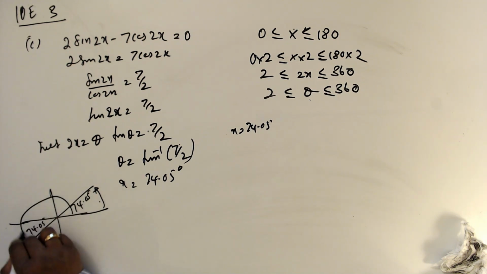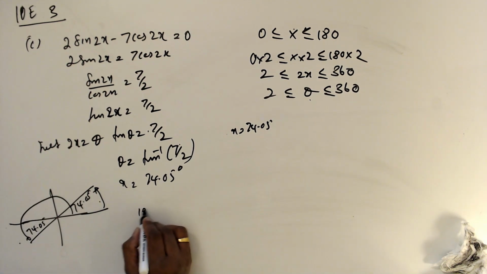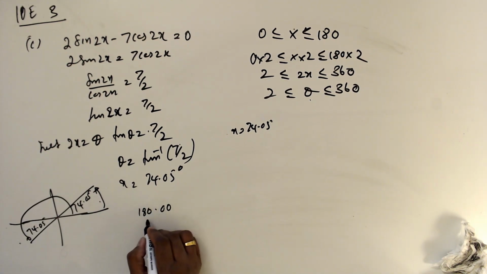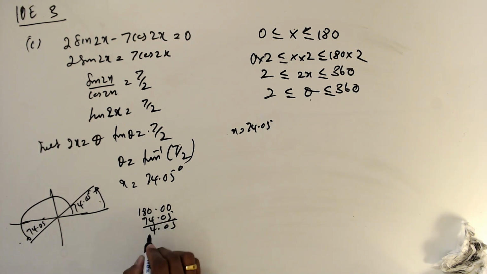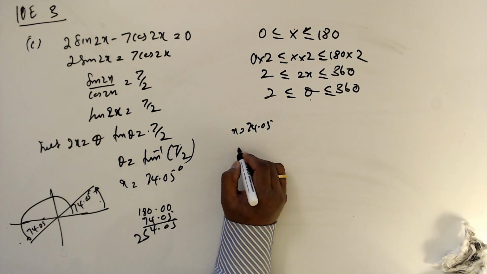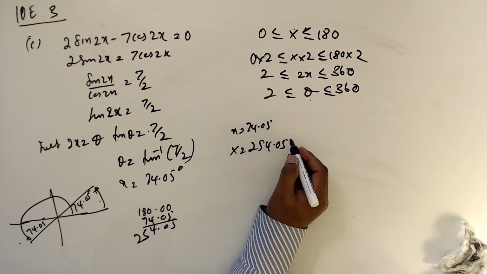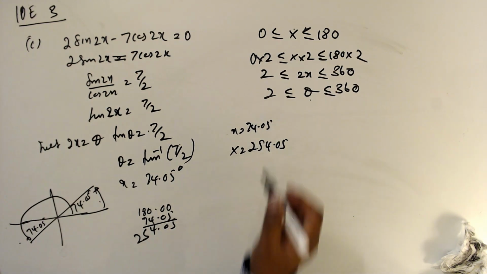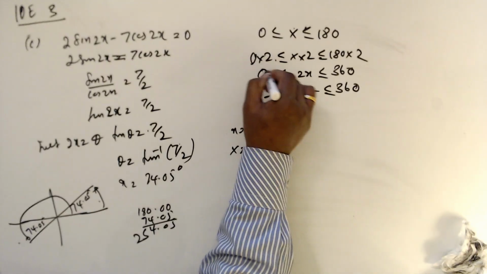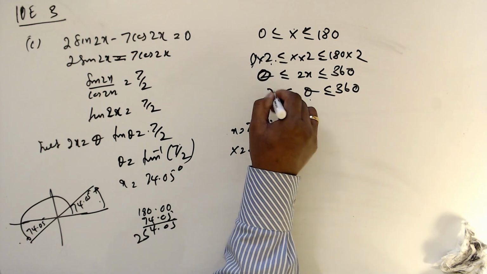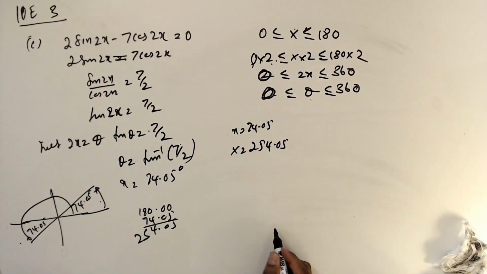Another answer is 180 plus 74.05, which is 254.05.